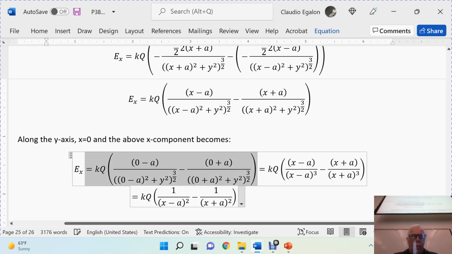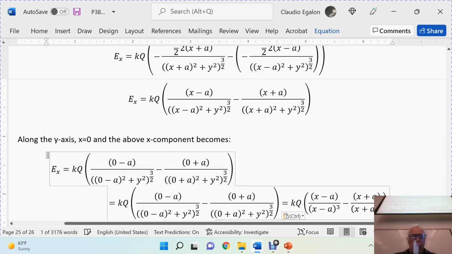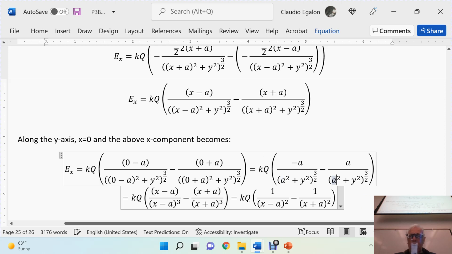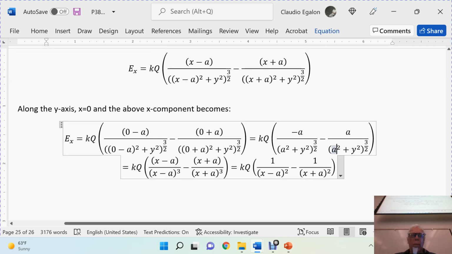So what else can we do? Okay, we end up with minus a here, right? This one becomes a squared. This one becomes a squared. Okay. Yeah, that's the right solution.